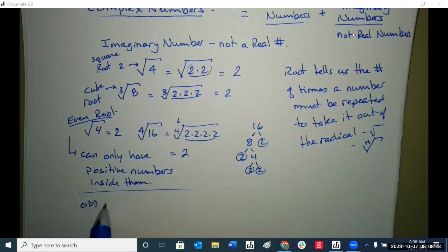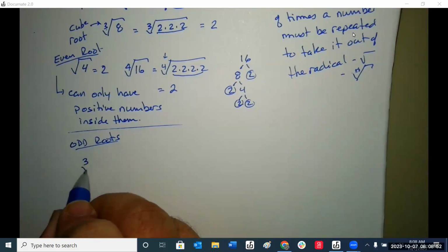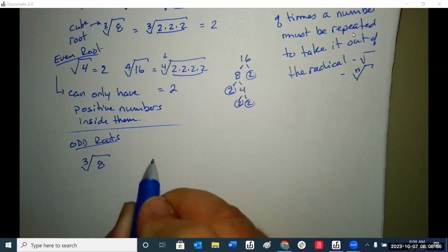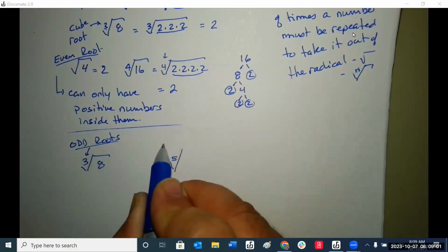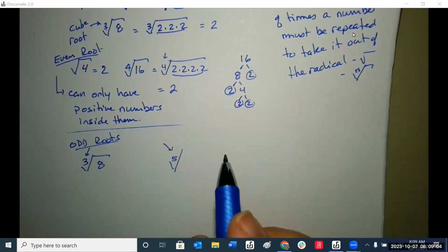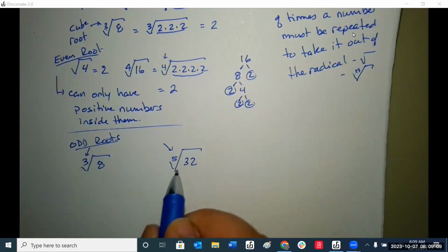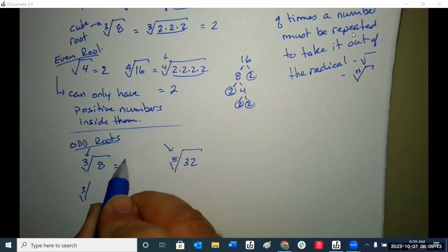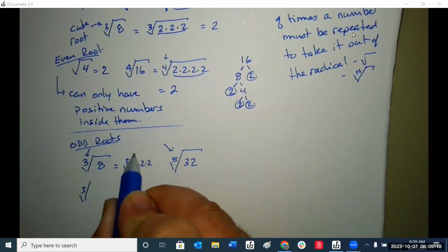Odd numbered roots, like the cube root or the fifth root, if this root is odd, so 8 is made up of 2 times 2 times 2.